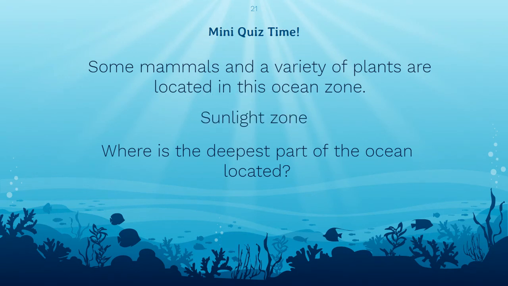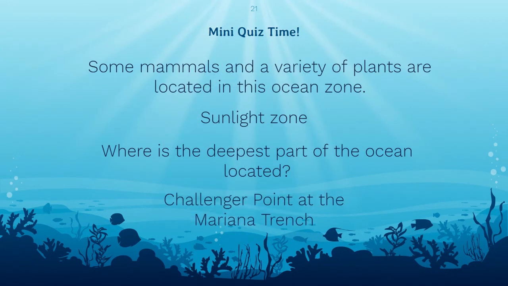And now, I'm pretty sure the last question, where is the deepest part of the ocean located? This one you should remember since we just talked about it. And if you said the Challenger Deep at the Mariana Trench, or even just the Mariana Trench, you're correct.